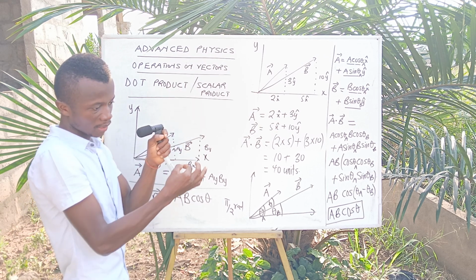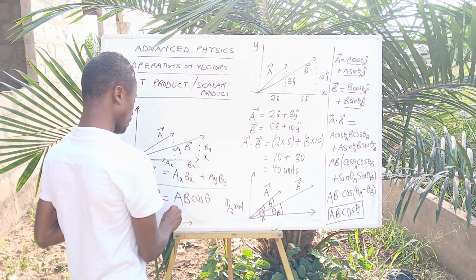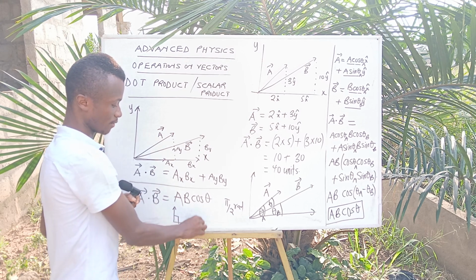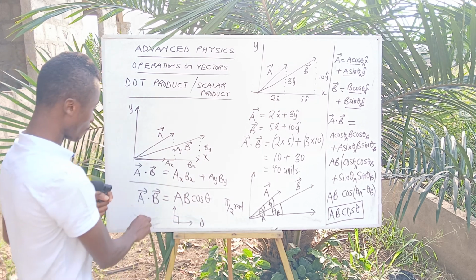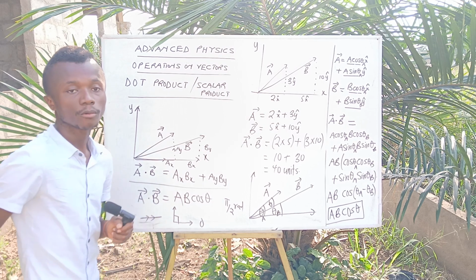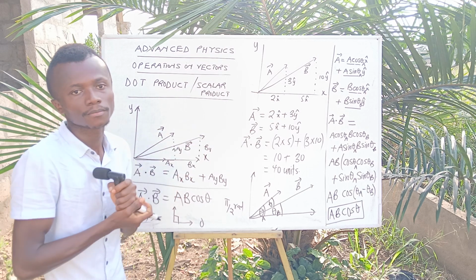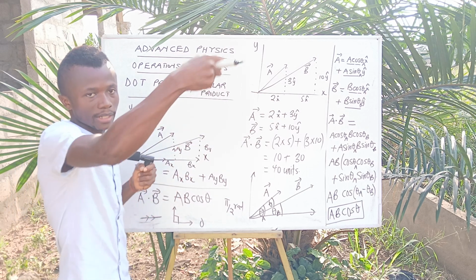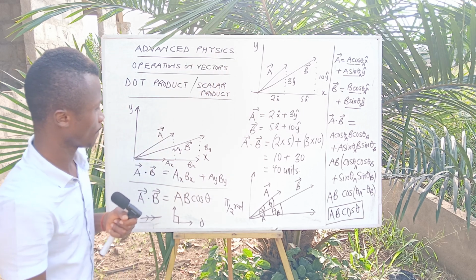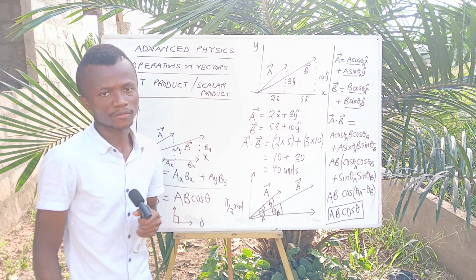So two perpendicular vectors, for instance, these two vectors with an angle pi on 2 between them will have a dot product of 0. But two parallel vectors lying on top of each other will have a dot product being the multiplication of the two magnitudes. So then you scale them. That's all on dot product for now.